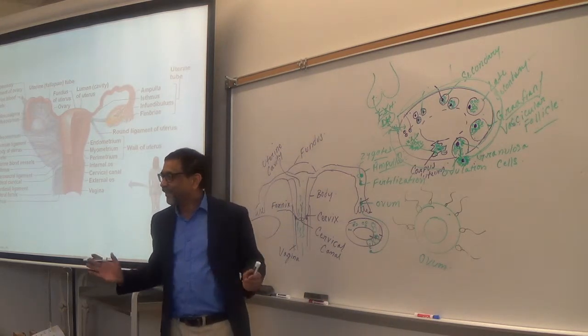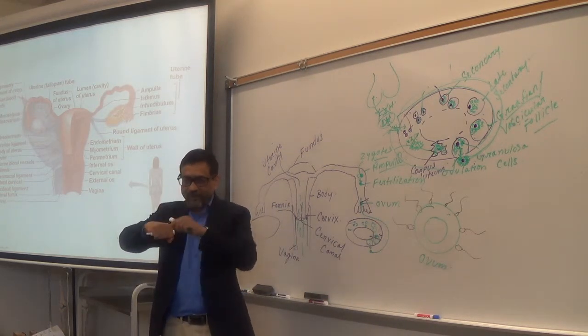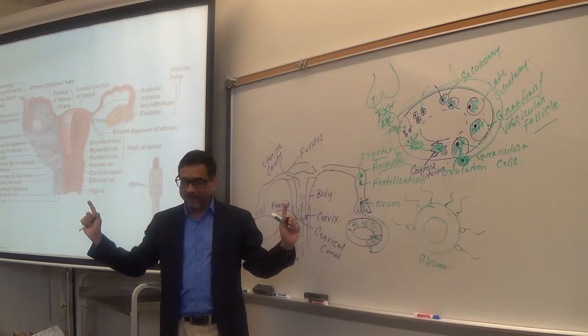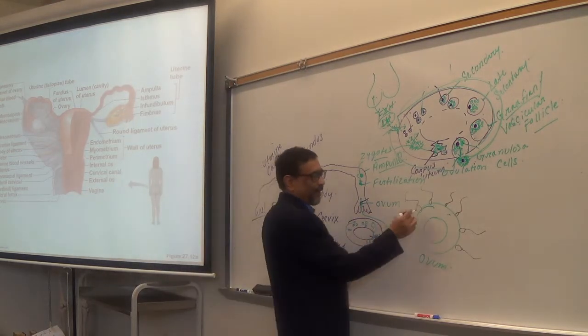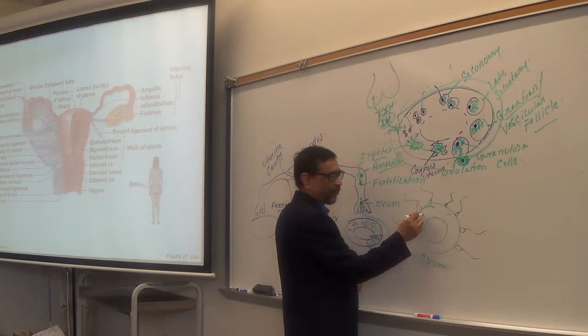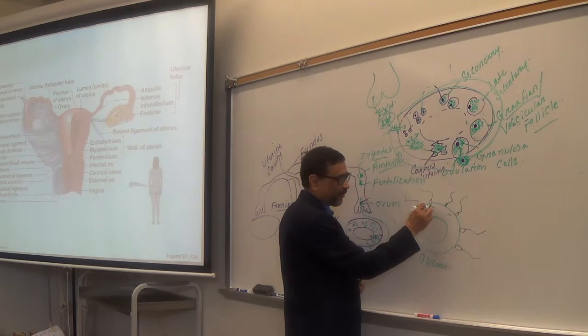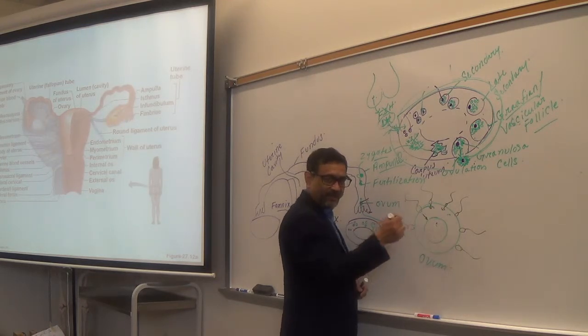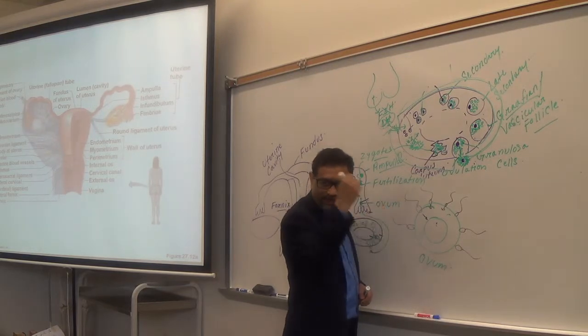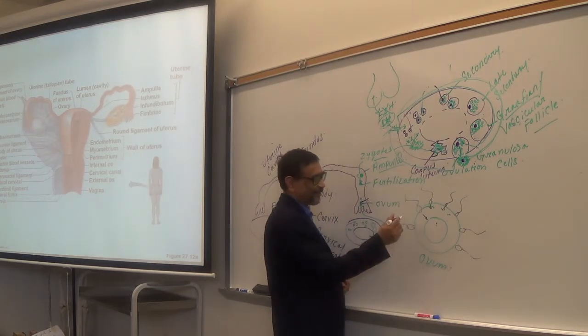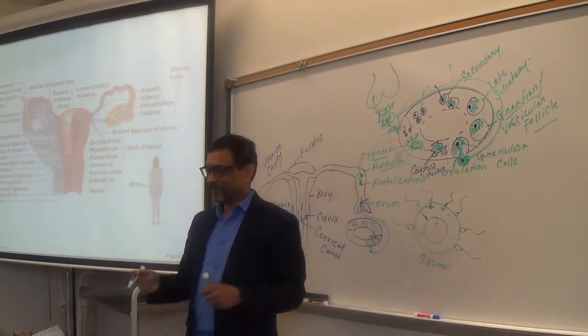So they will stick to the surface of the egg. Make sense? And will start to break the wall to penetrate, go inside, reach here. Make sense? They will break the wall, dig.